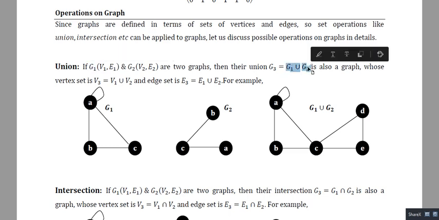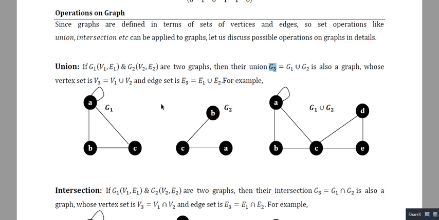Let it be another graph G3, where the set of vertices of G3 is the union of vertices of G1 and G2, and the edges of G3 are the union of edges of G1 and G2. So V3, the vertex set of G3, is V1 union V2, and the edge set of G3 is E1 union E2.